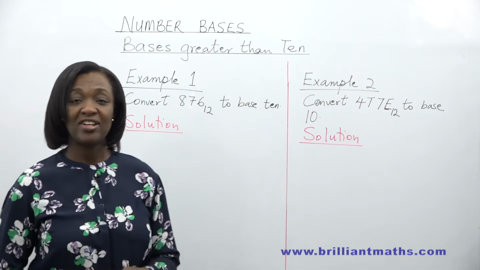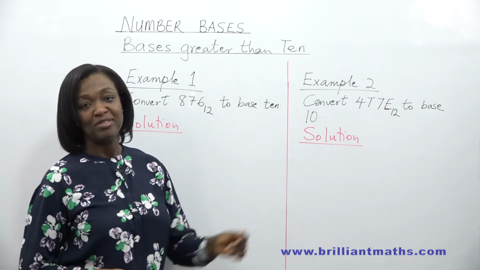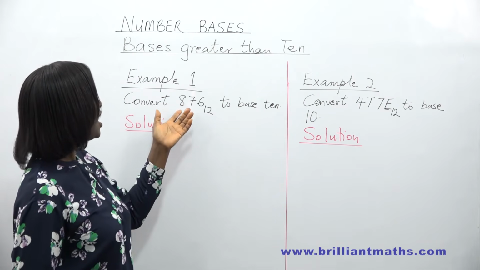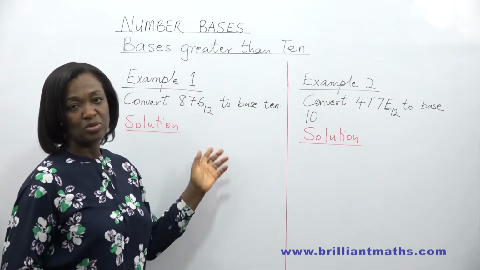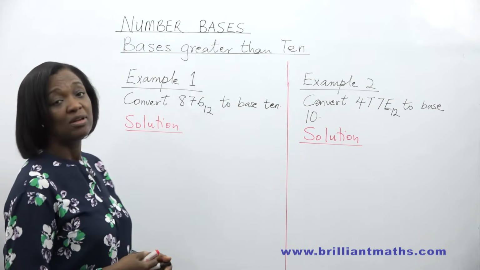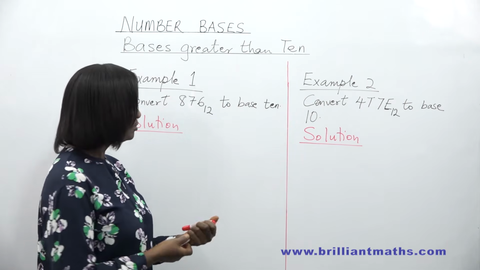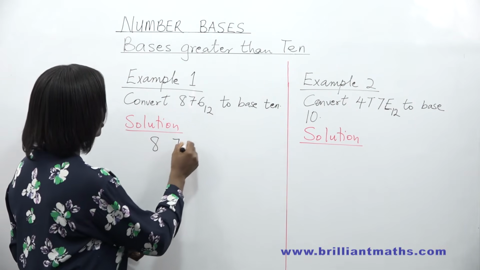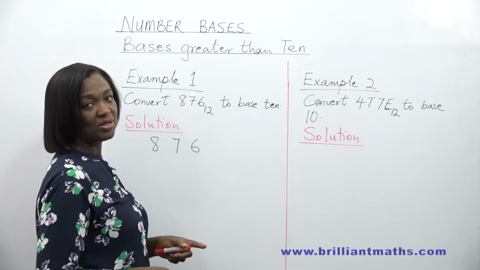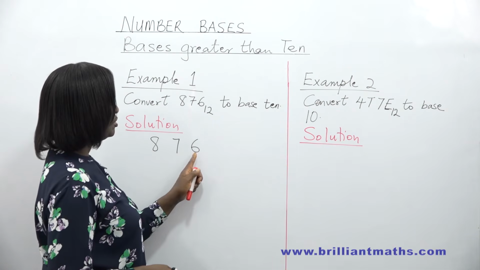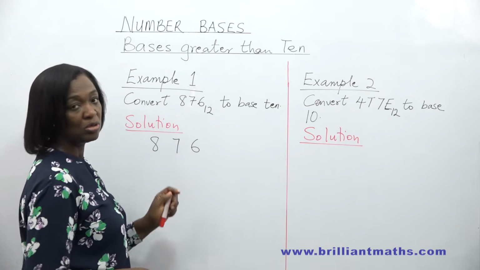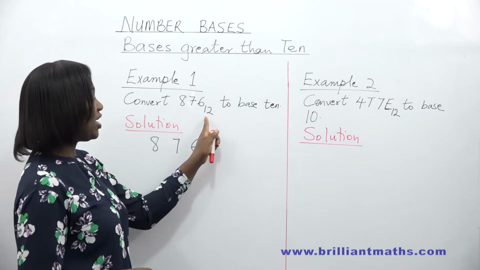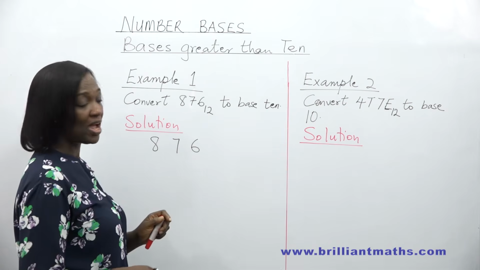Let's look at how we can work in this base. Here we want to convert from base 12 to base 10. So the first example says convert 876 base 12 to base 10. You remember the process. We write out the number, 876. Remember to count from 0: 0, 1, 2. So we need to multiply each digit by the base raised to the power of the count.